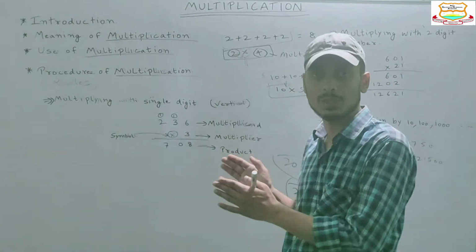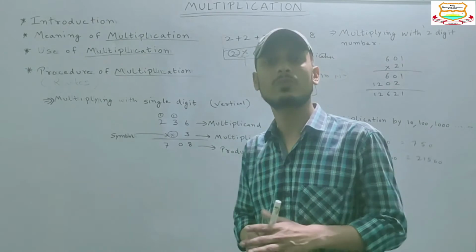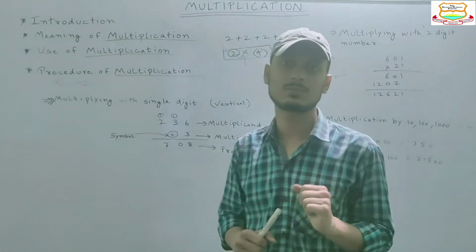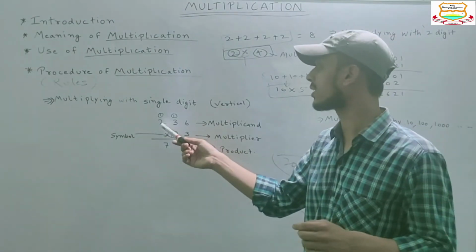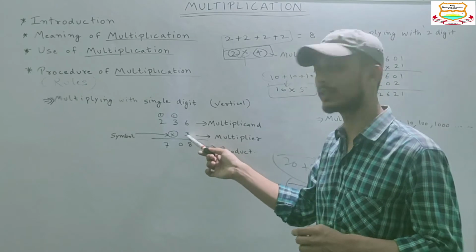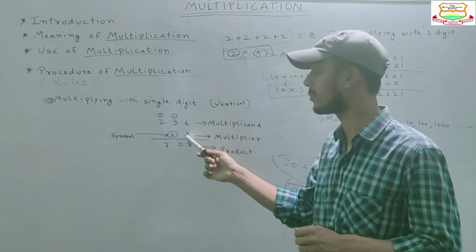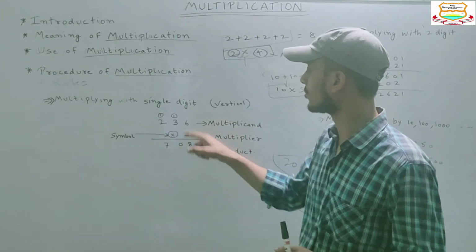In this topic, we will see how to multiply a number with a single digit. Got it? Okay. So I am taking the example of 236 multiplied by 3, which is a single digit number.